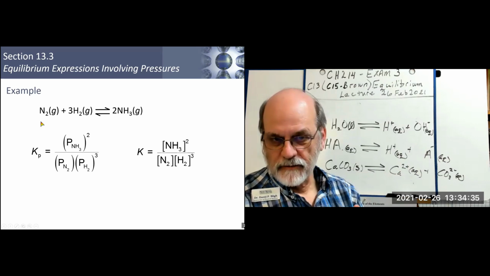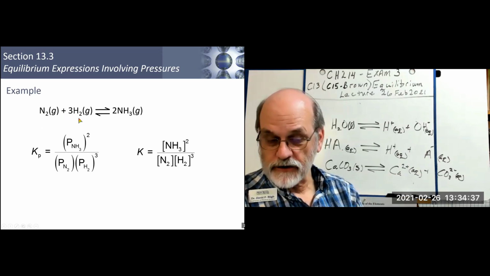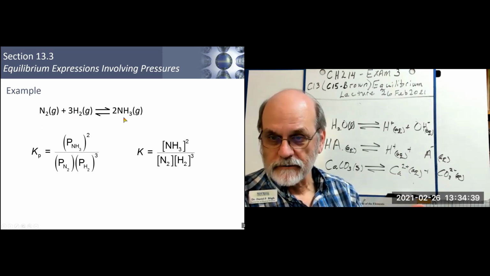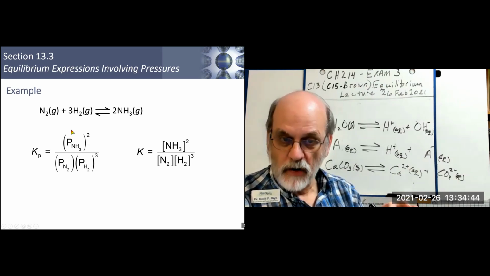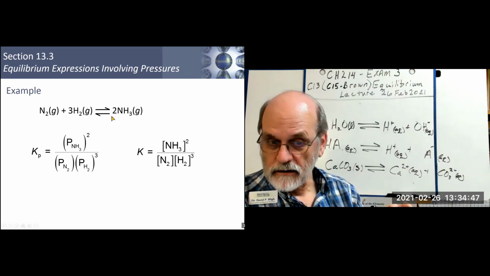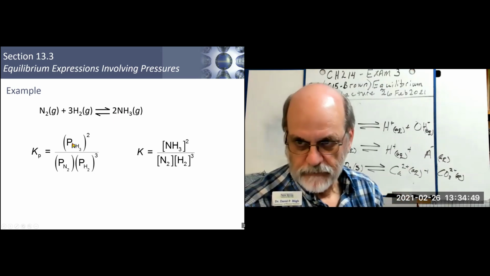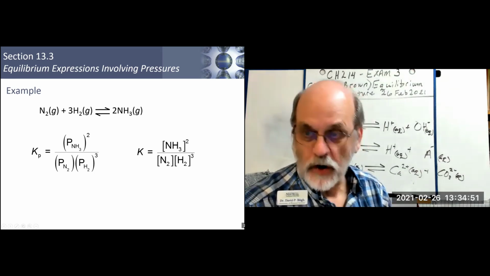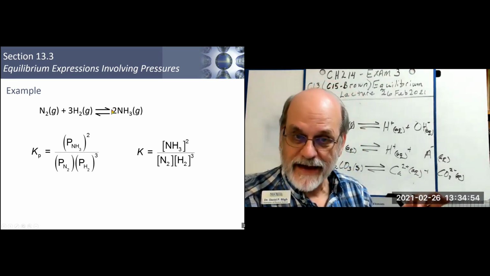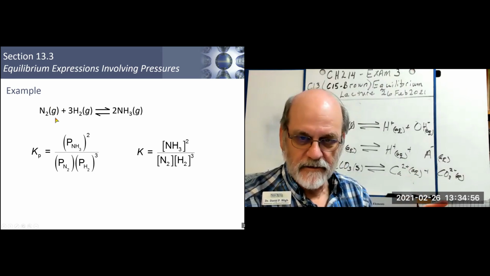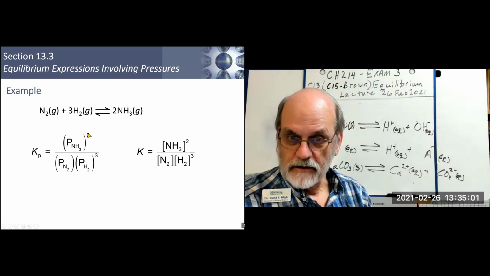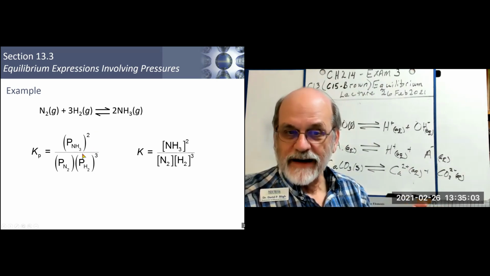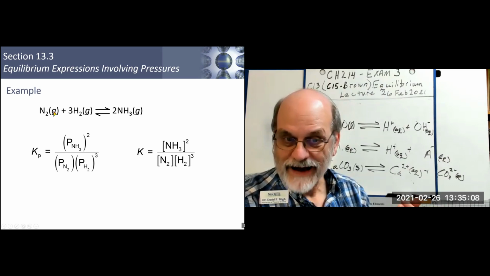So here's an example. Say we have, again, nitrogen combining with hydrogen to form ammonia. And we would write the expression as ammonia to the second power, the partial pressure of ammonia, right? Remember Dalton's law. The total pressure is the combined pressure of that gas, and that gas. But the partial pressure of ammonia is a certain value squared, divided by the product of the reactants.